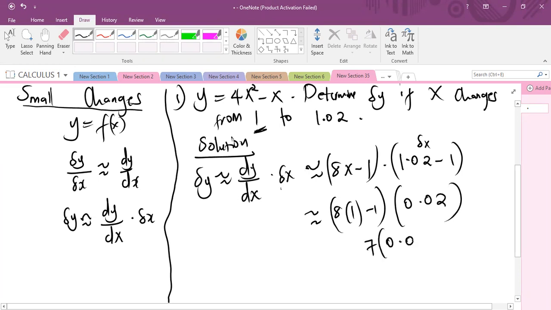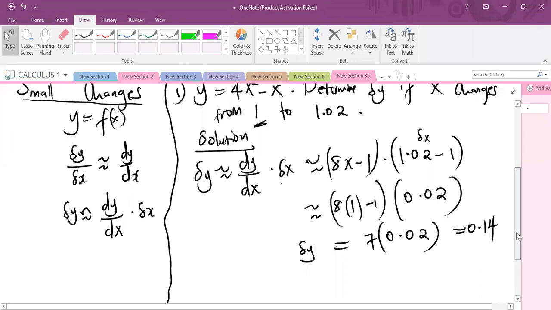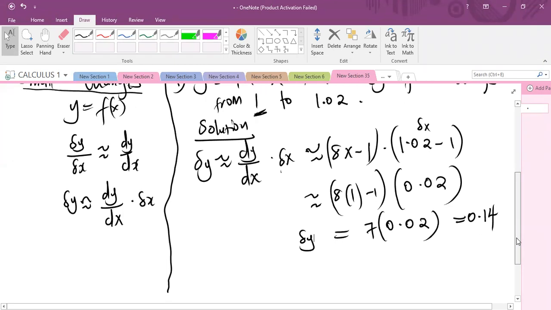So 7 multiplied with 0.02 will give us 0.14. And that is the answer for the small change in y. So basically, these are quite direct questions for the small changes. For as long as you know the formula, then you should be able to evaluate.